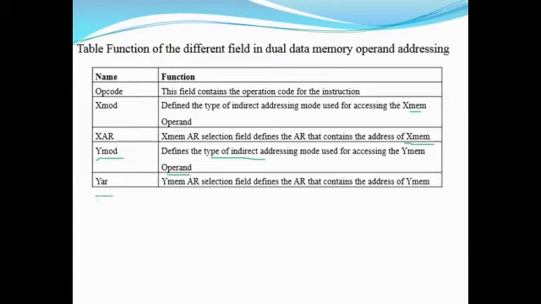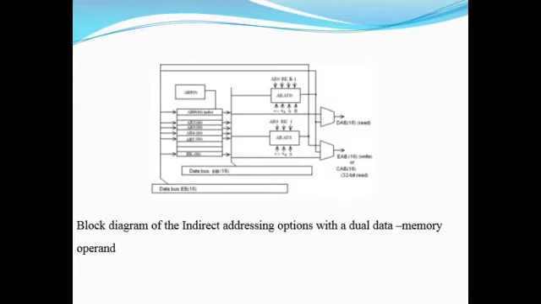And YAR, the Y memory AR selection field, defines the AR that contains the address of Y memory. So whatever we are going to use, it has an auxiliary register followed by X memory and Y memory. So this is what we understand from the function of the opcode, xmod and ymod fields.